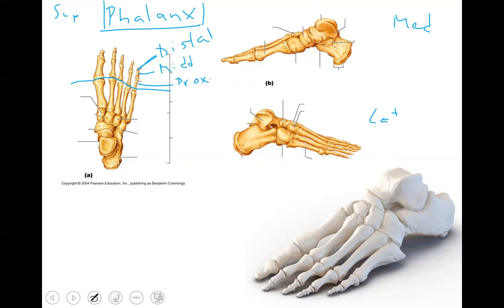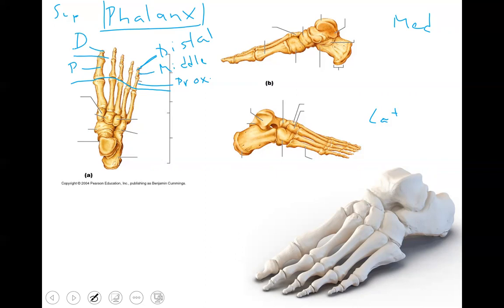How convenient. Okay, and that is the case for the 4 main toes. It's different for the big toe, the hallux. Okay, the big toe, as well as your thumb, only has 2 phalanges instead of 3. So we only have a proximal and a distal. Okay, no middle in the hallux or pollex.